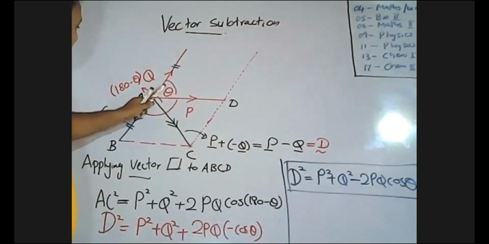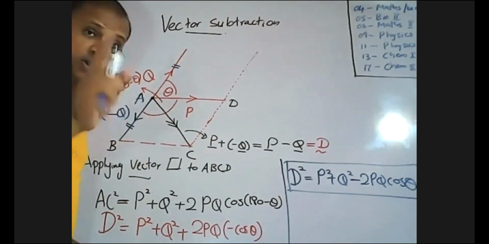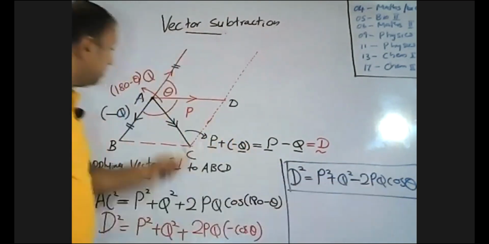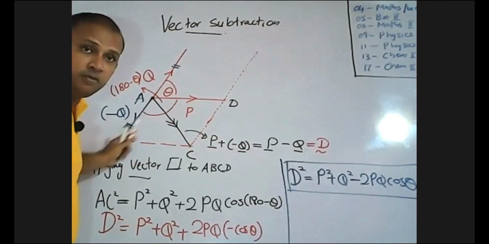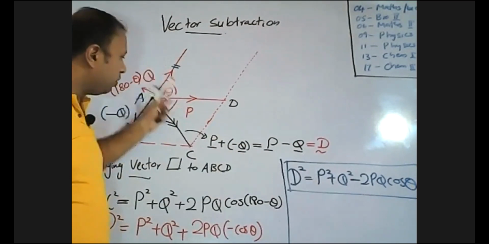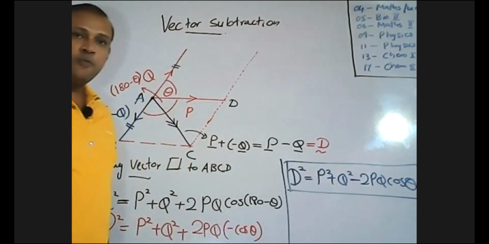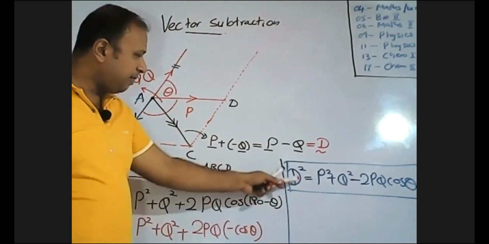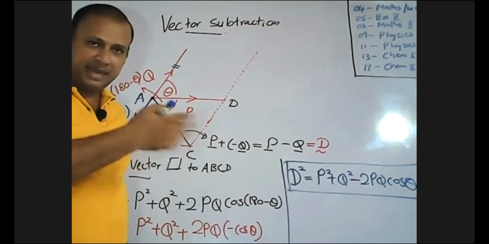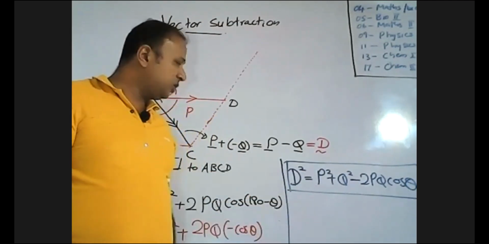Theta means the angle between the two forces, not the angle between P and minus Q. Theta is the angle between P and Q. Therefore, I can remember this. Actually, it is very similar to the previous one, R squared.